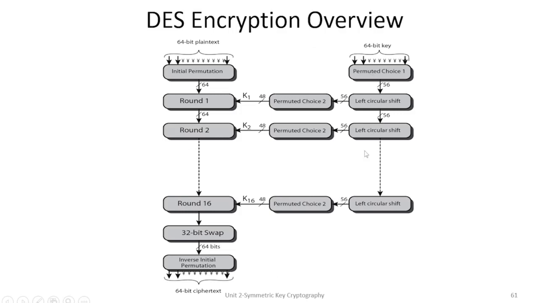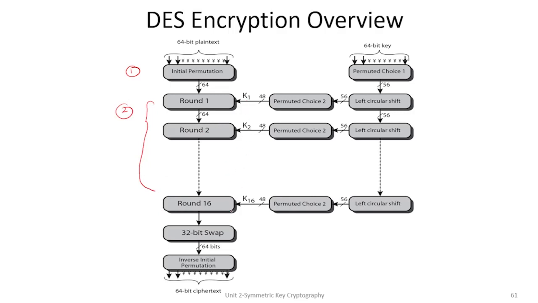So this is the generalized model. The left part is the plaintext, the right part is the key. The plaintext size is 64 bits. Step 1 is the initial permutation. Permutation means rearranging these 64 bits in some other way. The second step is 16 rounds, and in each round a subkey is used.